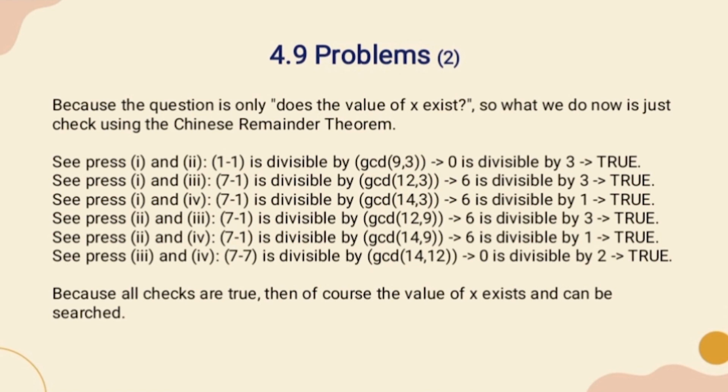Pair 1 and 2: 1 minus 1 is divisible by gcd(9, 3), so 0 is divisible by 3, true. Pair 1 and 3: 7 minus 1 is divisible by gcd(12, 3), so 6 is divisible by 3, true. Pair 1 and 4: 7 minus 1 is divisible by gcd(14, 3), so 6 is divisible by 1, true. Pair 2 and 3: 7 minus 1 is divisible by gcd(12, 9), so 6 is divisible by 3, true. Pair 2 and 4: 7 minus 1 is divisible by gcd(14, 9), so 6 is divisible by 1, true. Pair 3 and 4: 7 minus 7 is divisible by gcd(14, 12), so 0 is divisible by 2, true.